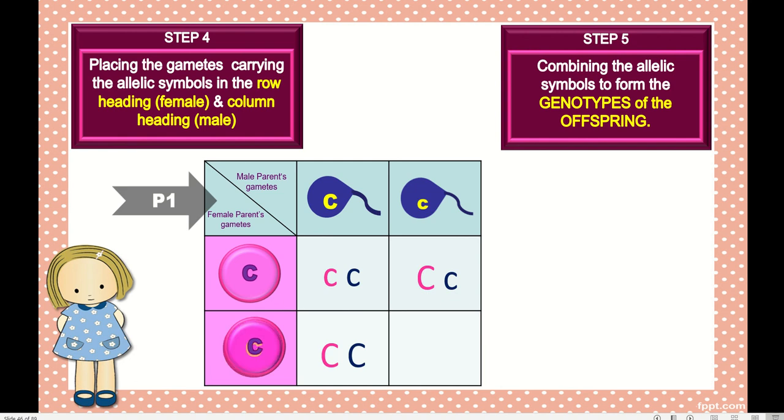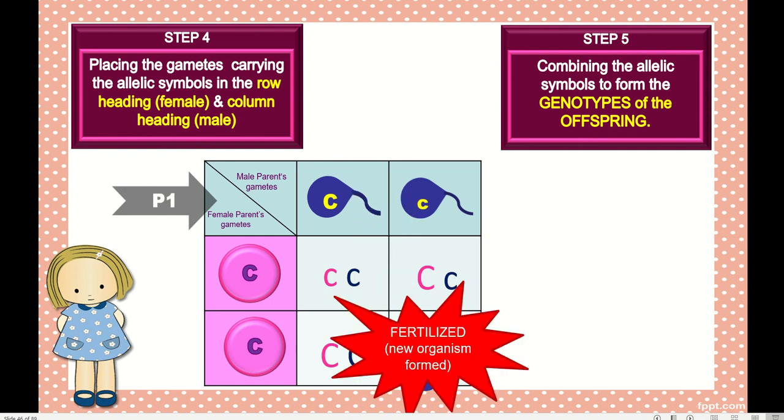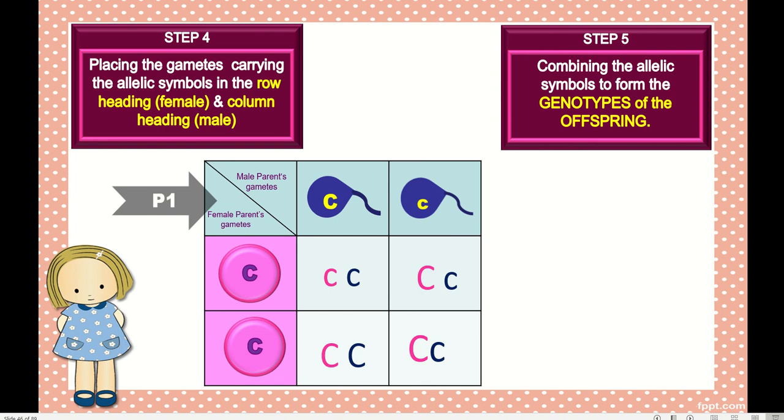And of course, there's a chance that this egg will be fertilized by this sperm, and the genotype of the offspring will be capital C and small c.